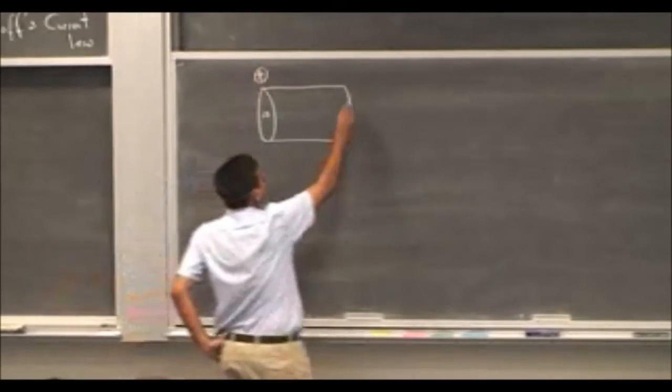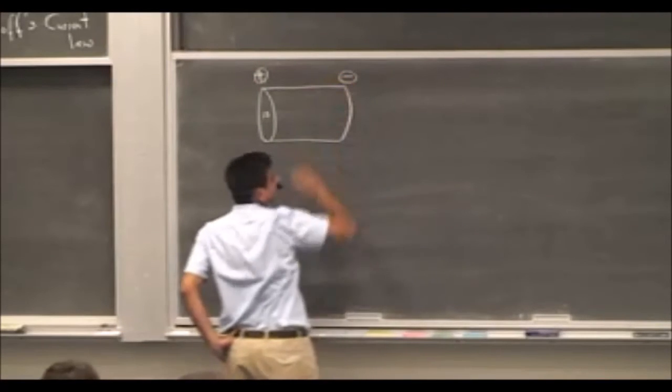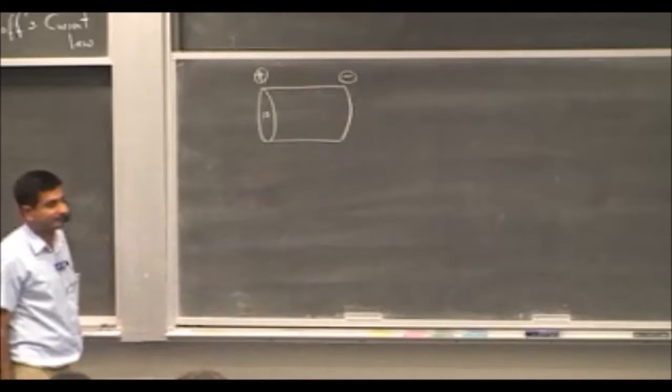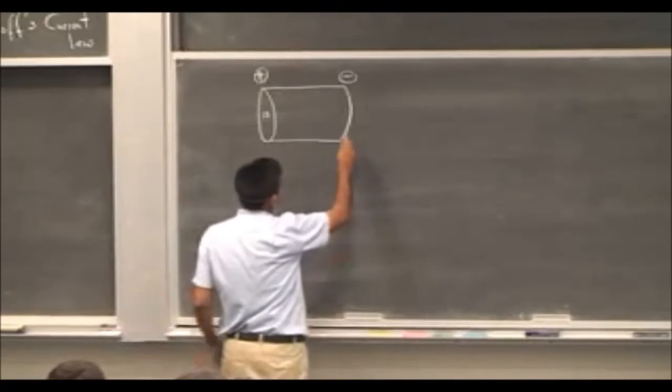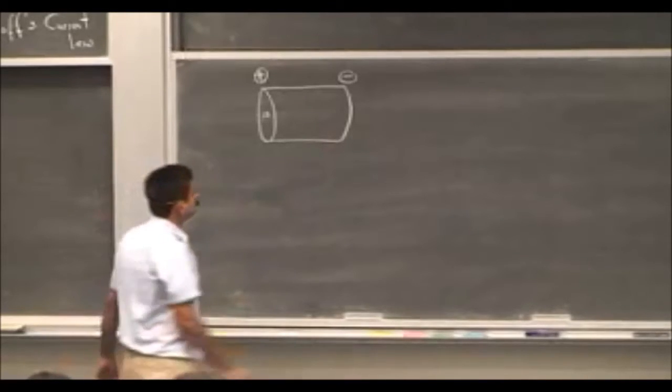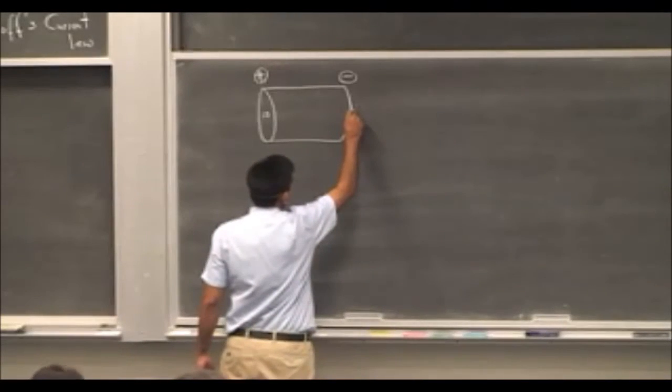This is the negative terminal of the battery, and then I have a circuit. The circuit looks like the following. It's just a piece of wire connected with the terminals of the battery. Okay, and the circuit looks like this.